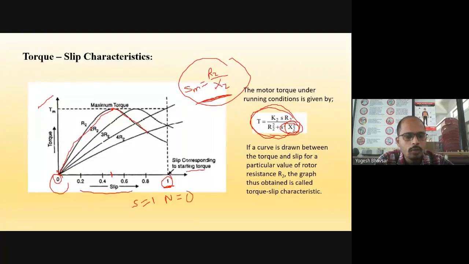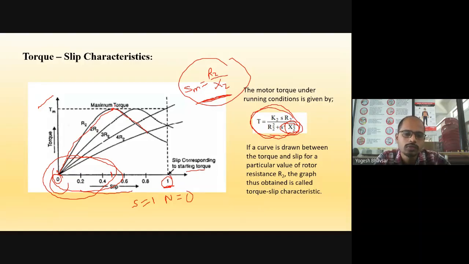So the ideal operation of the motor is between these two points. Slip should never be greater than 0.4 for the particular value of rotor resistance. Now look at the effect of rotor resistance on these characteristics, another topic we have with respect to these characteristics.